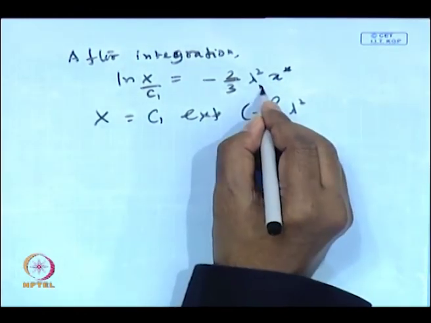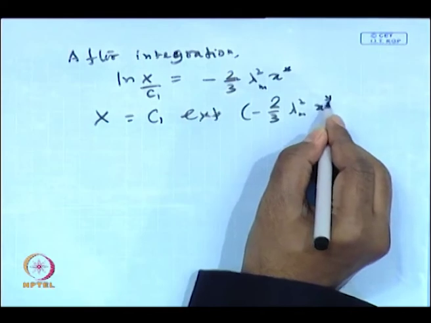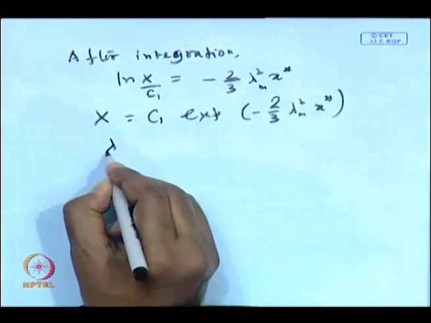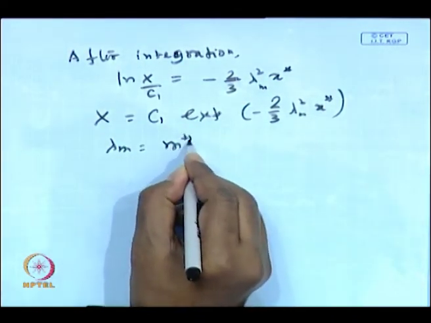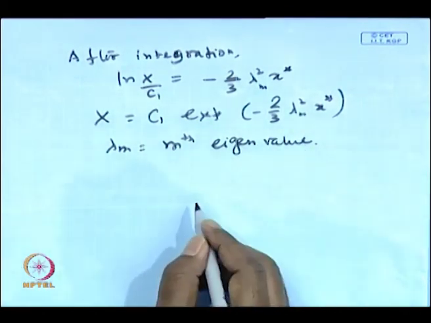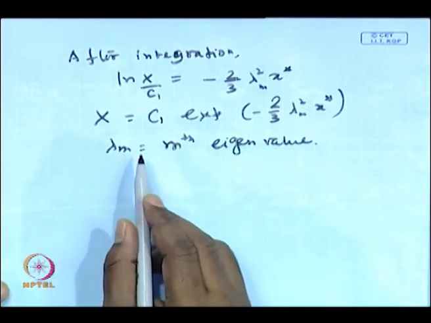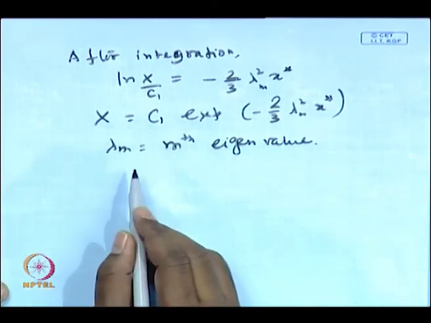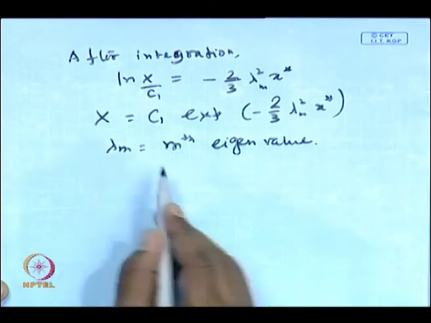Let us say lambda m stands for the mth eigenvalue. Lambda m is nothing but the mth eigenvalue of the system.